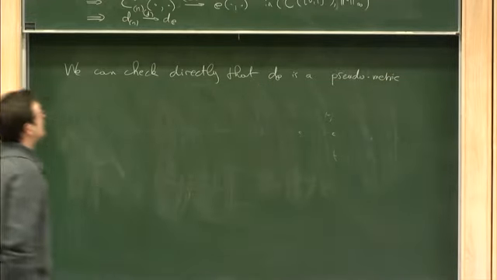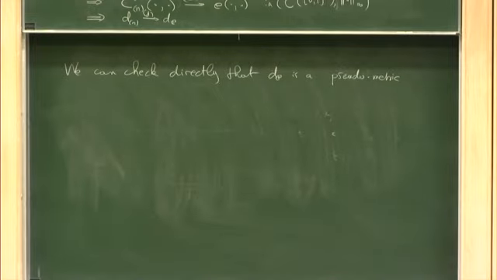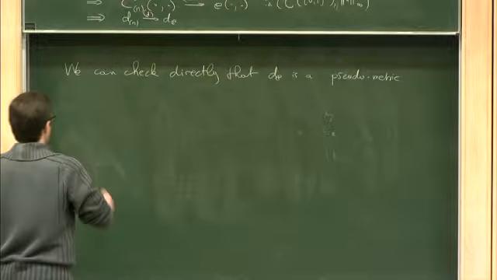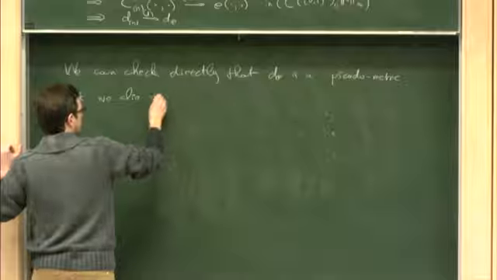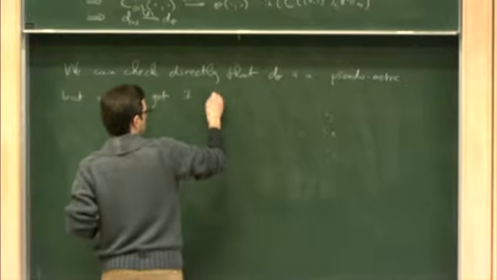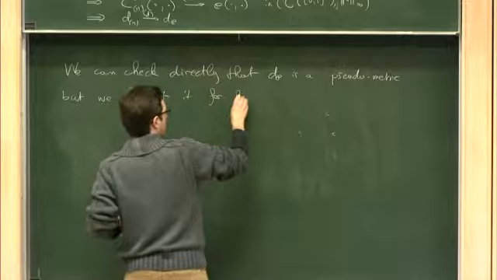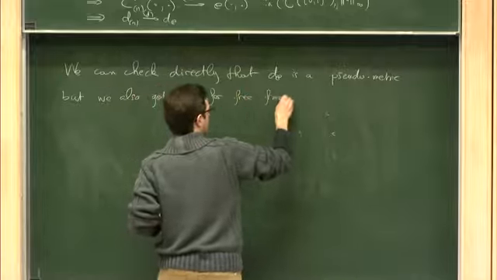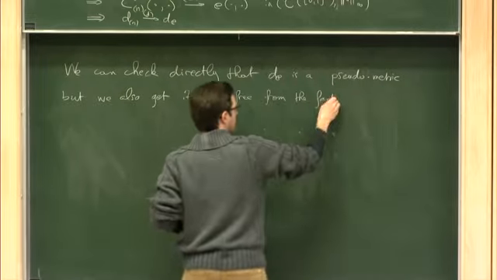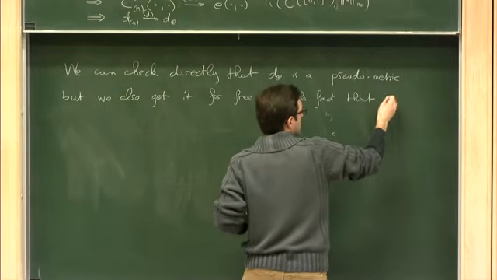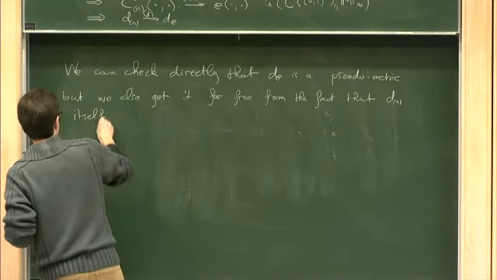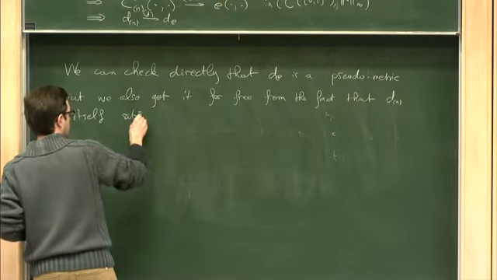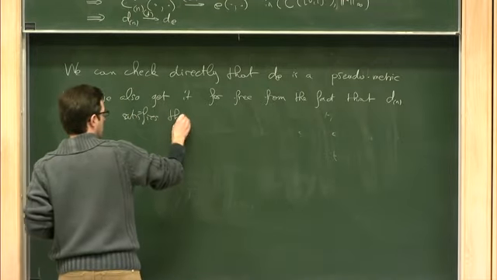In fact, the only difficult thing to check is the triangle inequality, but we also get it for free from the fact that dn itself satisfies the triangle inequality.